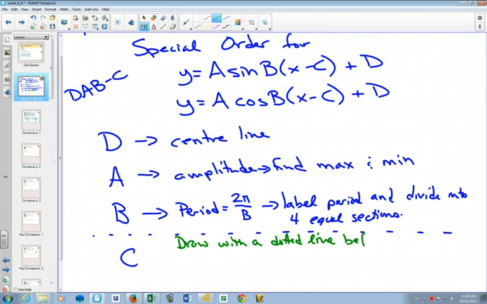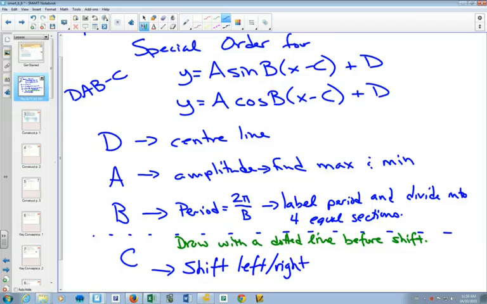So we're going to draw it with a dotted line before our horizontal shift. And finally, for C, we're going to translate or shift left and right for our new starting point.